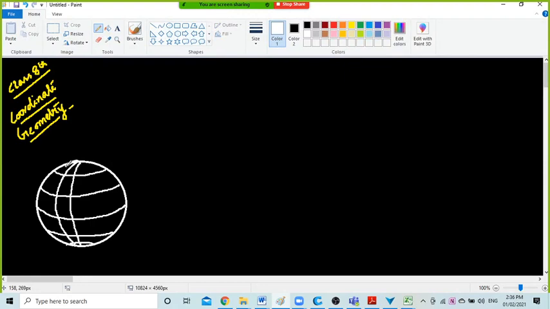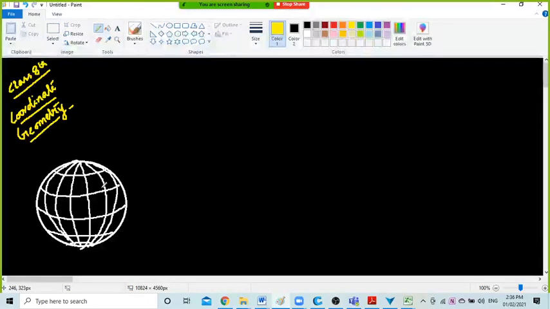These lines are actually connecting the poles, and if you name them, I'm sure you know that these are the latitudes, and these are the longitudes. Okay, latitudes and longitudes.